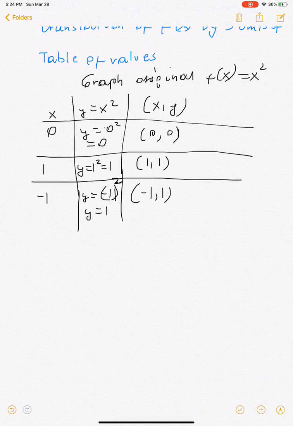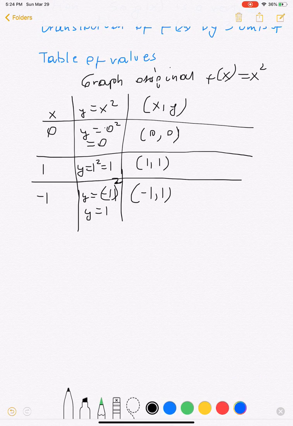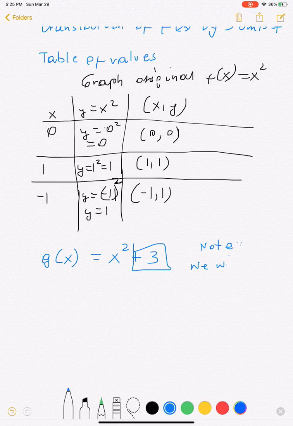And now let's talk about graphing g of x, which is our translation. So don't forget that g of x has the equation x squared plus 3. So what happened here, let's write a note for you. We will use the original points.